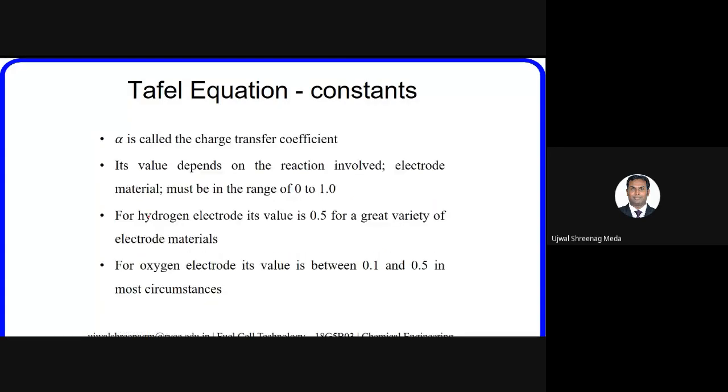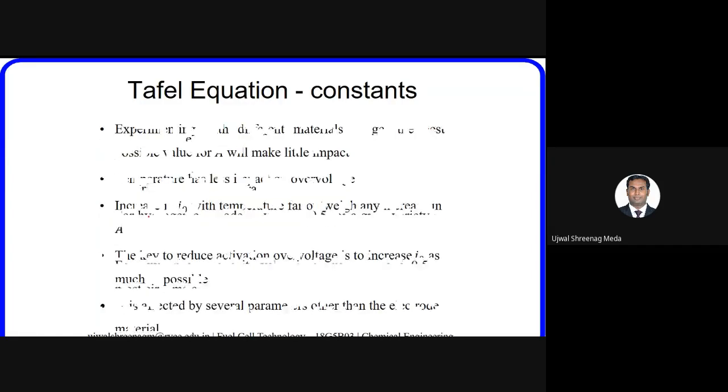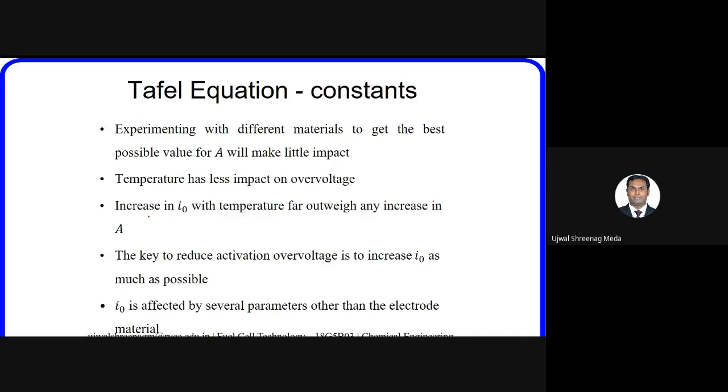It is mentioned that the value of alpha depends on the reaction involved and the electrode material as well. However, the impact of changing electrode material is not very significant. So experimenting with different materials to get the best possible value of A will make very little impact.